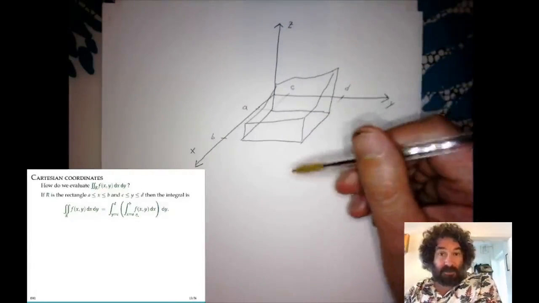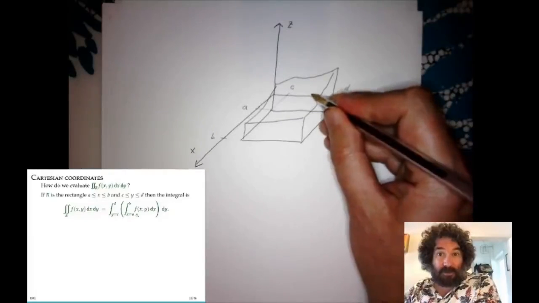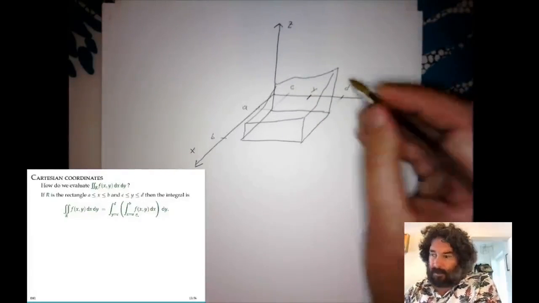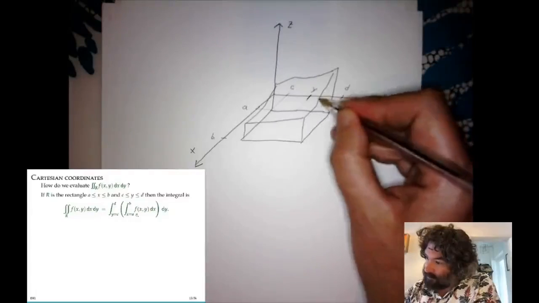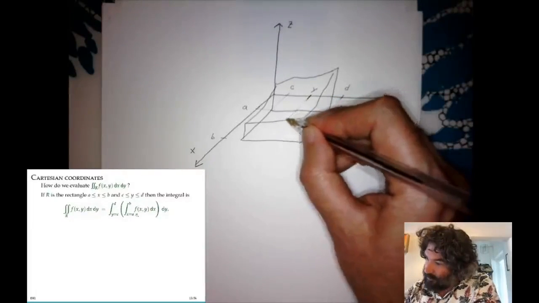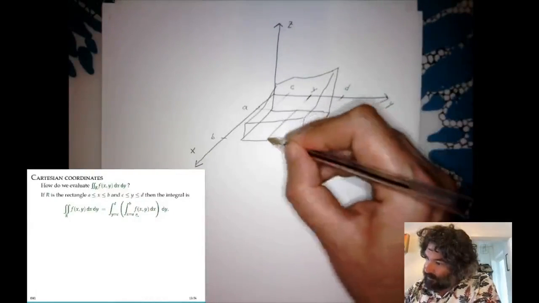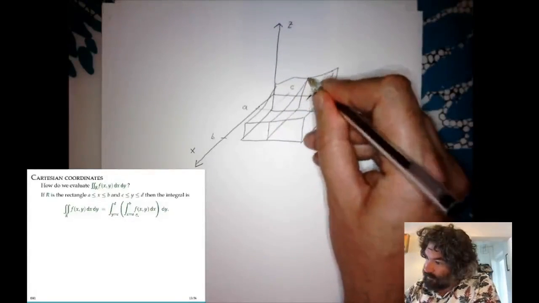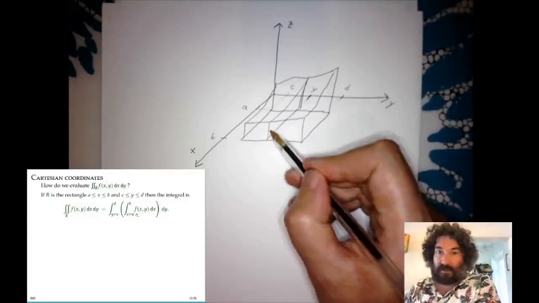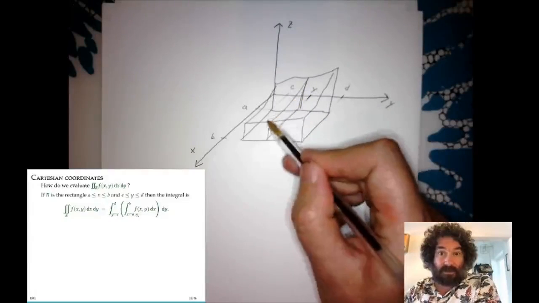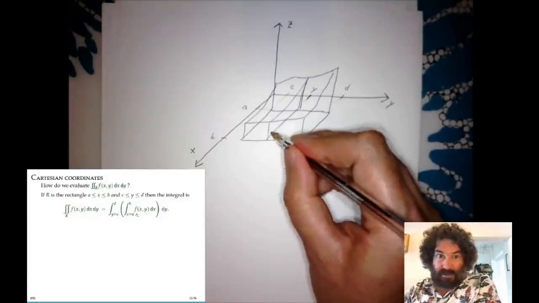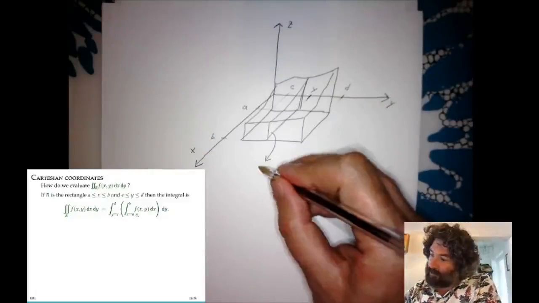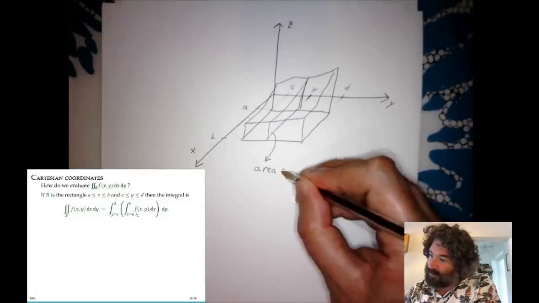And if we fix y and do the single integral with respect to x for fixed y, say we fix y here, then we're looking really at the slice of this function. This slice will be a curve. So when y is fixed and we vary x, we are looking at this slice. And when we do the inside integral in this double integral technique, as shown on the slide, what we're getting is the area of this slice.